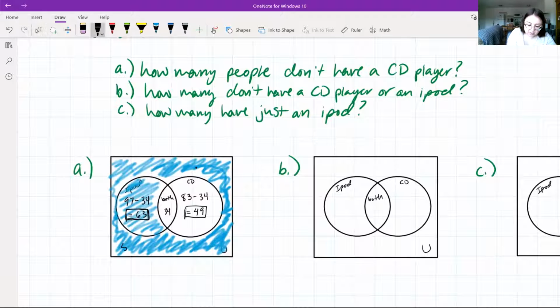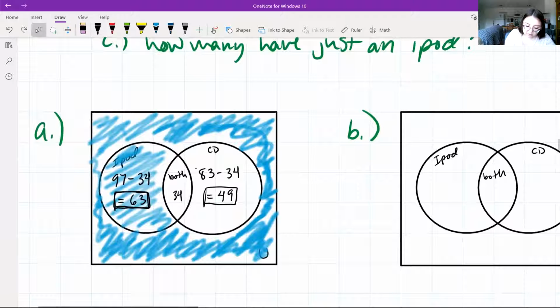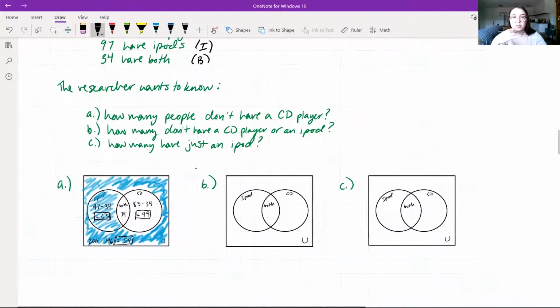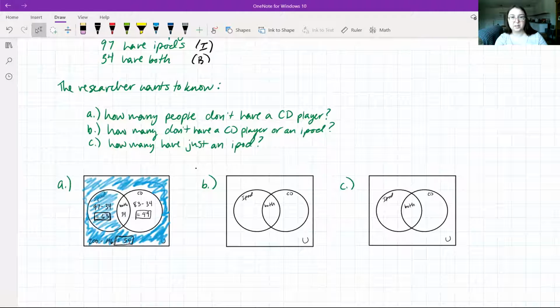So we know people that don't have anything is... I can do this here. Because we want 200 minus 146. This gives us 54. So 54 people don't have an iPod or a CD or both.